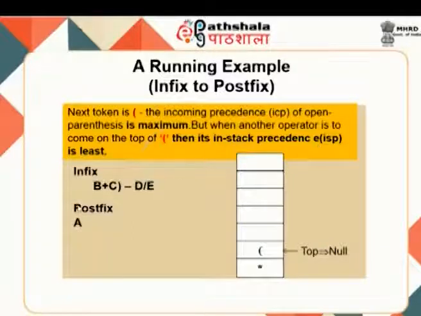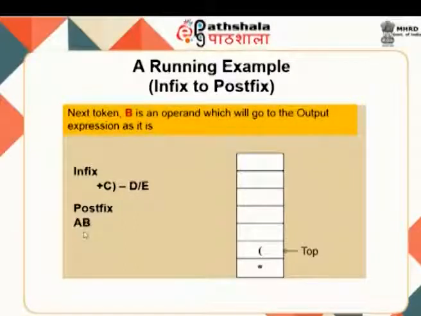Because its incoming precedence is the maximum, you push it onto the stack. Next you will have B, and the top has been incremented. When you see an operand, you just append it to the output.